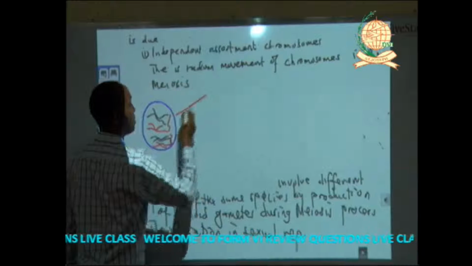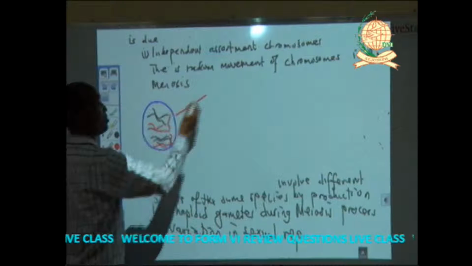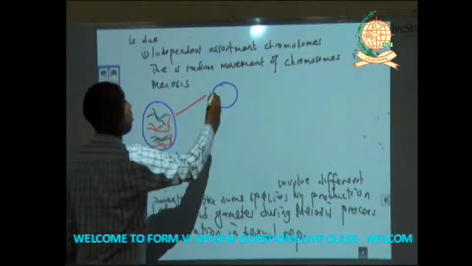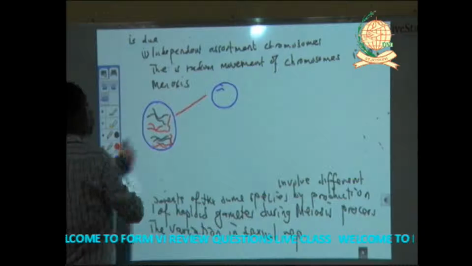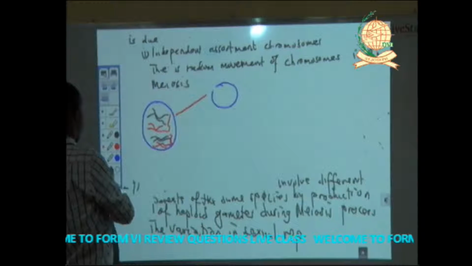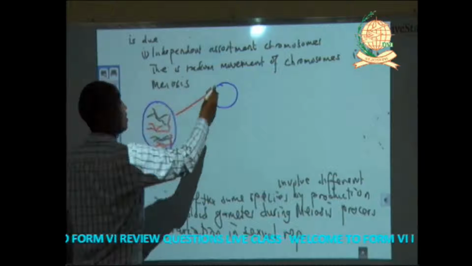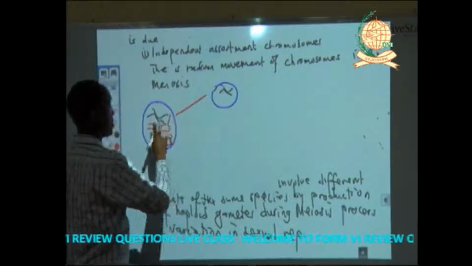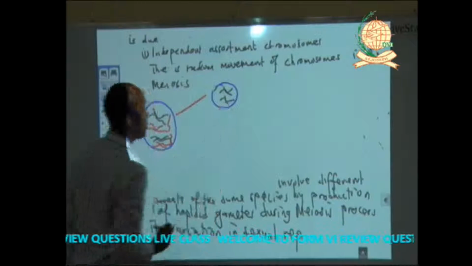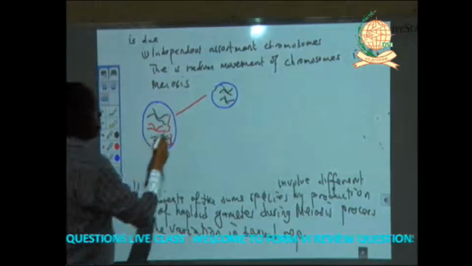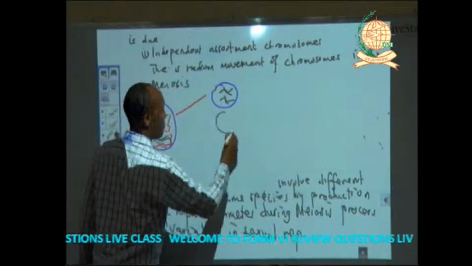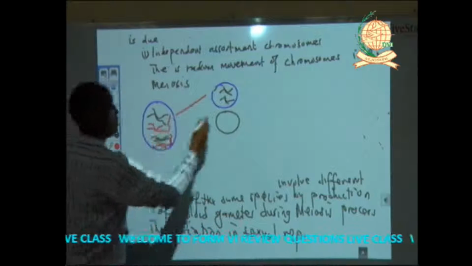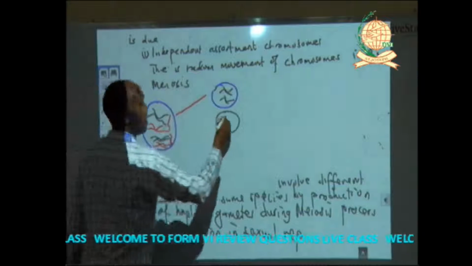The separation during meiosis 1 can be like this. There is formation of a cell which looks like this. These chromosomes may form this one and this one. That is a single gamete, and another one will form like this.